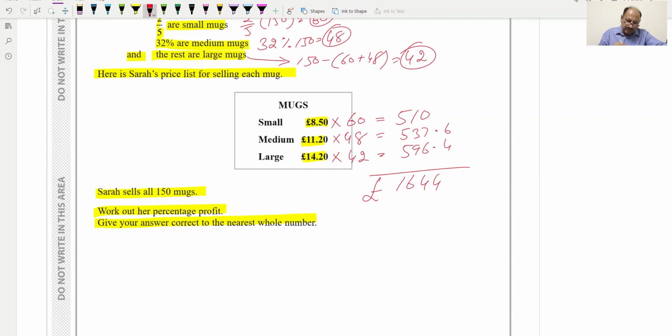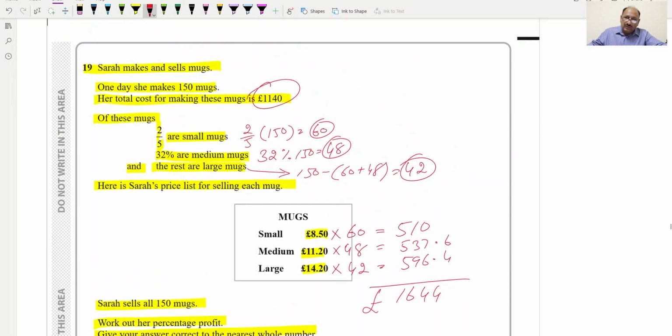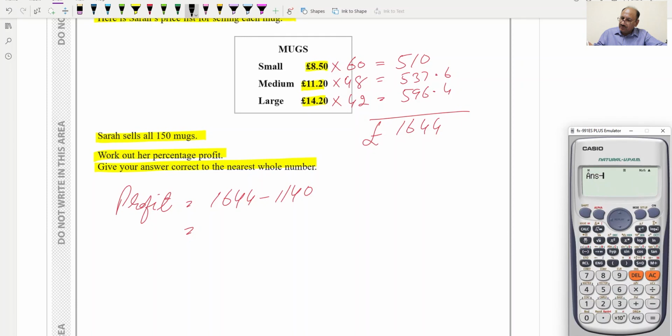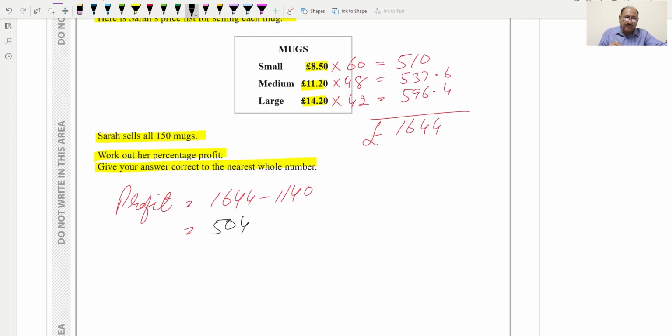Now we can check the difference. Profit will be equal to 1644 minus the cost price, which is 1140. This will be equal to 504. Profit is 504 against how much investment? Against this much investment.